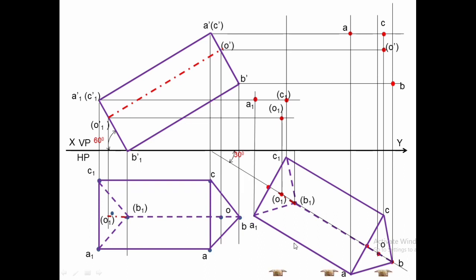You can see this is the longest line, AA1, or you can take BB1. The face away from the XY line is to be marked with thick line. So AA1 we have marked with thick line, face ABC with thick line, top face near to the observer, thick line, then boundaries.